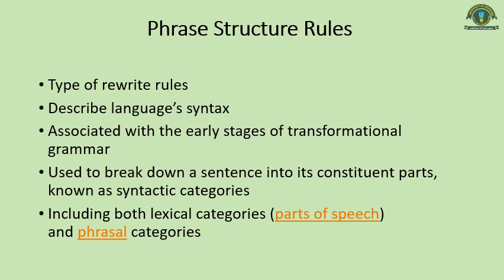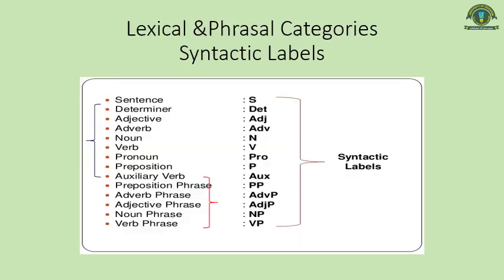They are used to break down a natural language sentence into its constituent parts, also known as syntactic categories, including both lexical categories and phrasal categories. Lexical categories include parts of speech. Let's see which are the lexical categories and which are the phrasal categories.